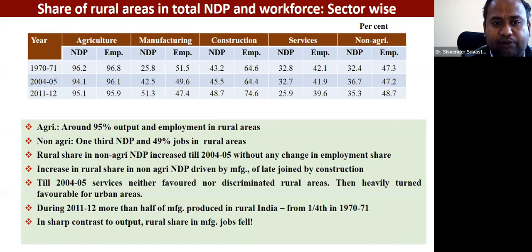So they are shifting their base towards the rural areas, but there is no change taking place in employment. It is almost the same 50% share, whereas the employment share also has to increase. That is not taking place, and this is worrisome. This is jobless growth in the manufacturing sector. It means that output is increasing, but employment is not increasing.